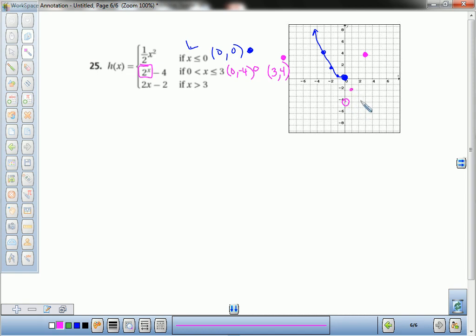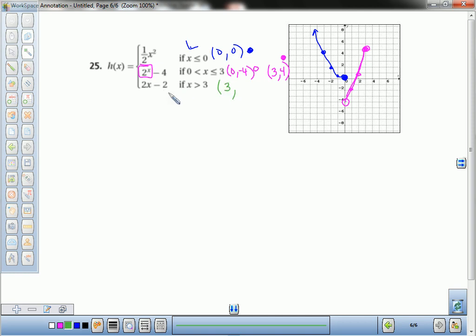If I moved right 2, what's 2 squared? 4. If I moved right 3, I have to stop right here. I didn't put that point in the right place. Here we go. That's an exponential.